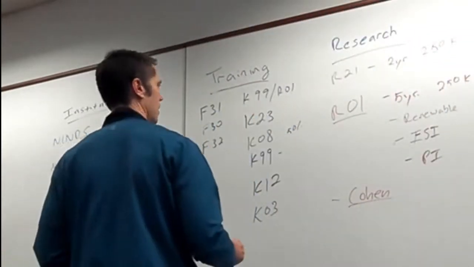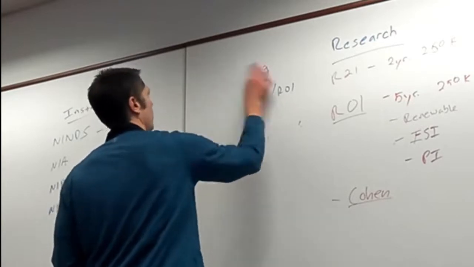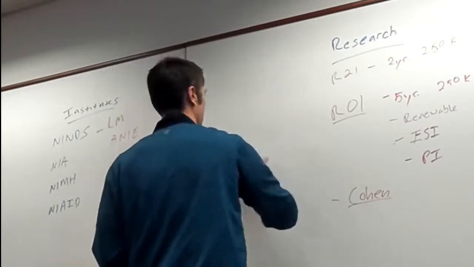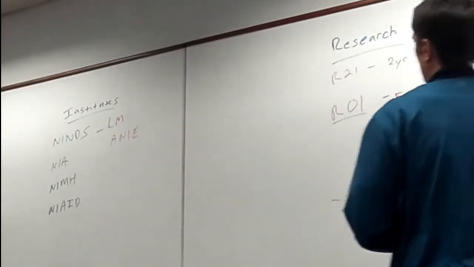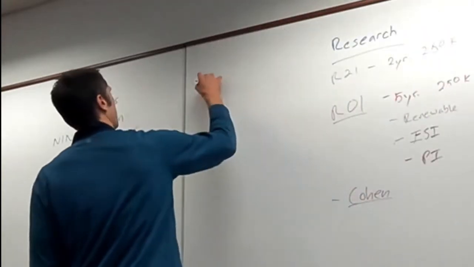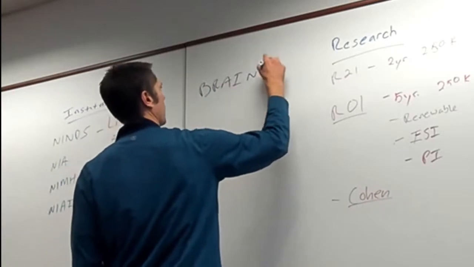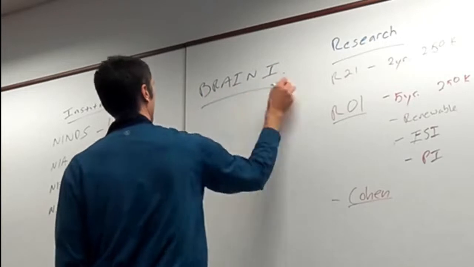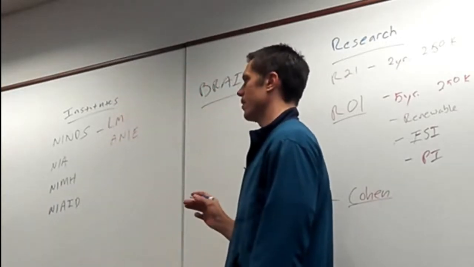So then the last thing I'll talk about is some other parallel funding mechanisms through the NIH. The big one is the BRAIN Initiative. The BRAIN Initiative throws off all kinds of different types of grants, right?